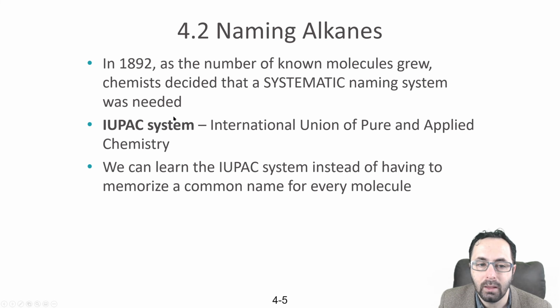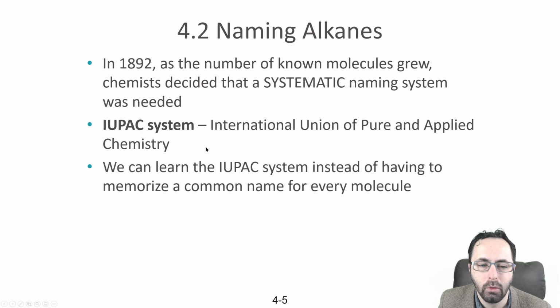And so in 1892, around the time organic chemistry was really blowing up and many compounds were being discovered, there was needed a systematic naming system so that we can name any molecule even if it had never been observed before. And so the IUPAC system was born, the International Union of Pure and Applied Chemistry.